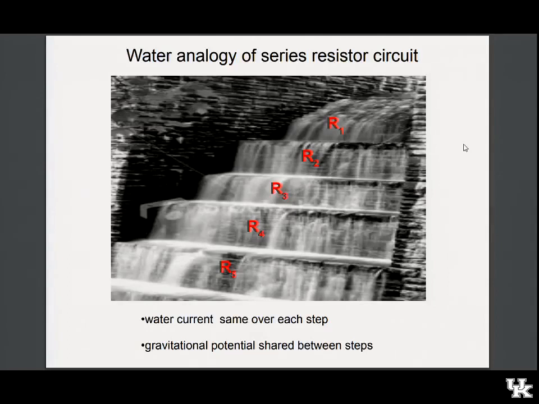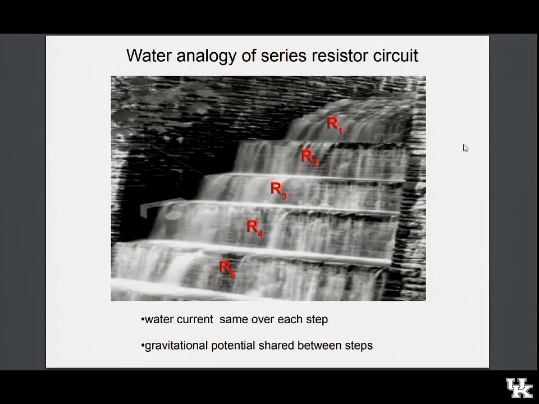And what you see in this picture for the water current down these steps is that the same current flows through all the steps, right? But the steps share the height drop, the gravitational potential energy drop from the top of the staircase to the bottom of the staircase.